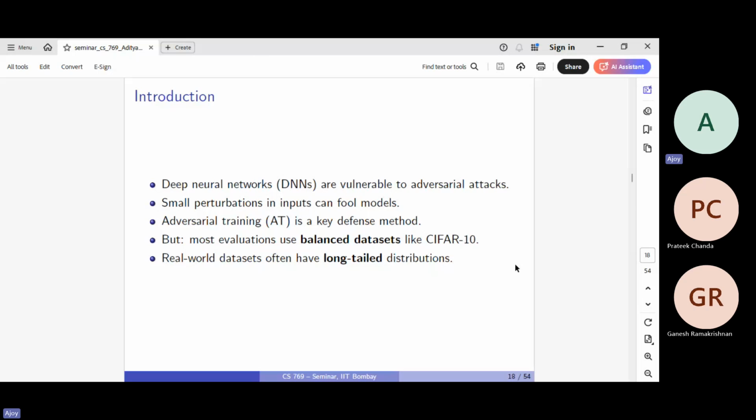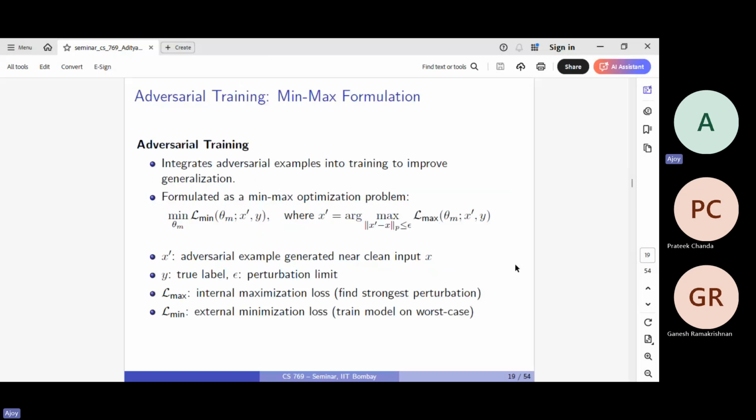And as he spoke, real world images have long tail distributions. We'll see how this works with it. So naive adversarial training has a min-max formulation, where we have two loss functions, essentially the inner and the outer loss functions. These could be the same loss functions, or different as well.